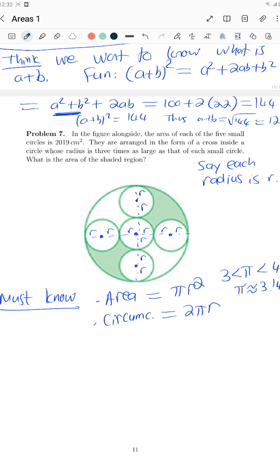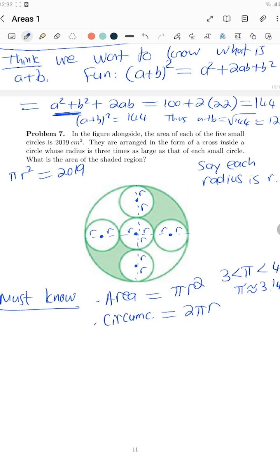Alrighty, so where are we going with this problem? We don't know the radius of the big circle, but they tell us that each of the 5 small circles has an area of 2019 square centimeters. So in essence, if each of the circles has radius r, we now know that pi r squared is equal to 2019.